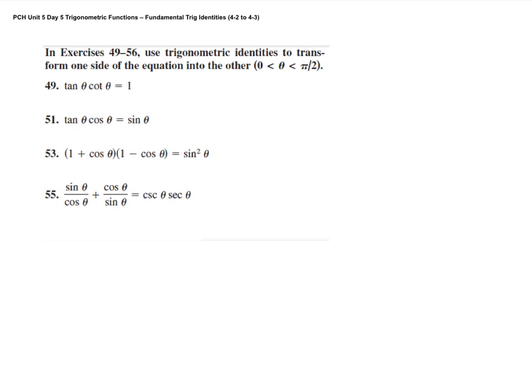But what I will do is I'll say, okay, well I know that cotangent is 1 over tangent, right? Well, so if I have tangent times 1 over tangent, that's tangent over tangent, which is 1, okay?